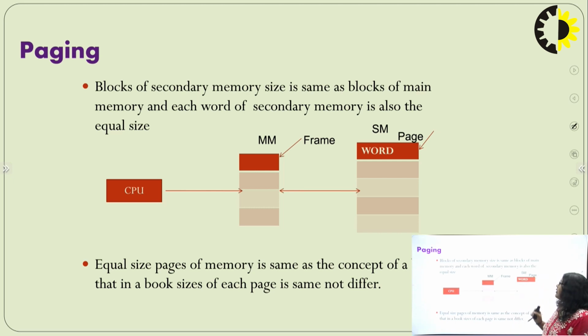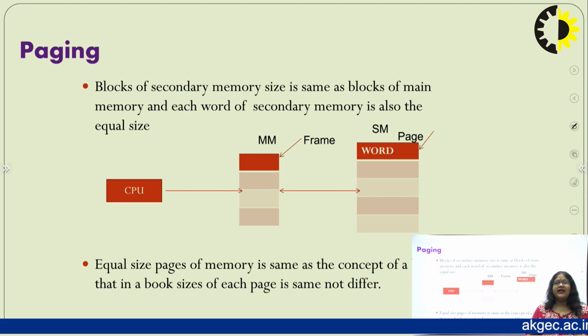This is the block diagram of the main memory and the secondary memory. Main memory is divided into frames, and secondary memory is divided into words, and each is named a page. When we want to swap the process from the secondary to the main memory, one page is transferred to one frame. The block size of the secondary memory is the same as that of the main memory, as I already explained.